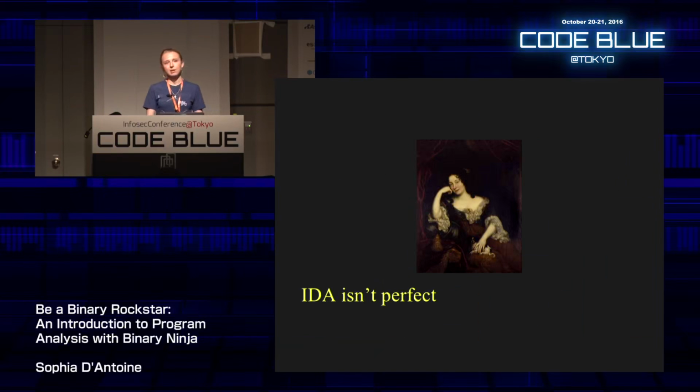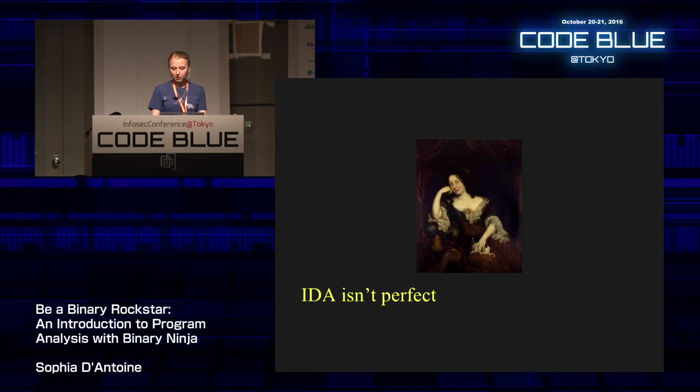And the reason for that is that IDA can only show you what the computer executes. So it's showing you the compiled binary, and that may have a loss of information. Additionally, you can't use the output that IDA shows you to do more advanced research level program analysis techniques on it.